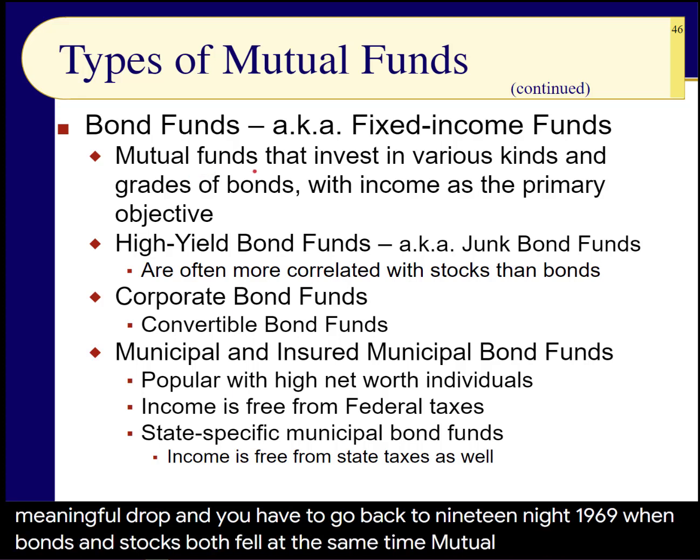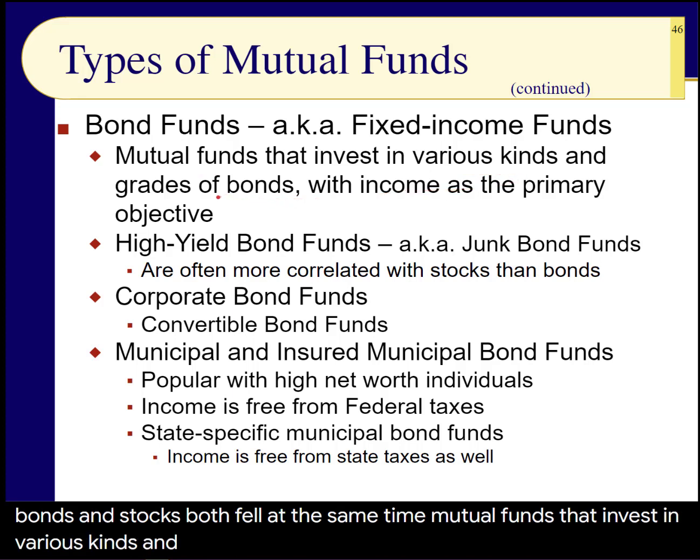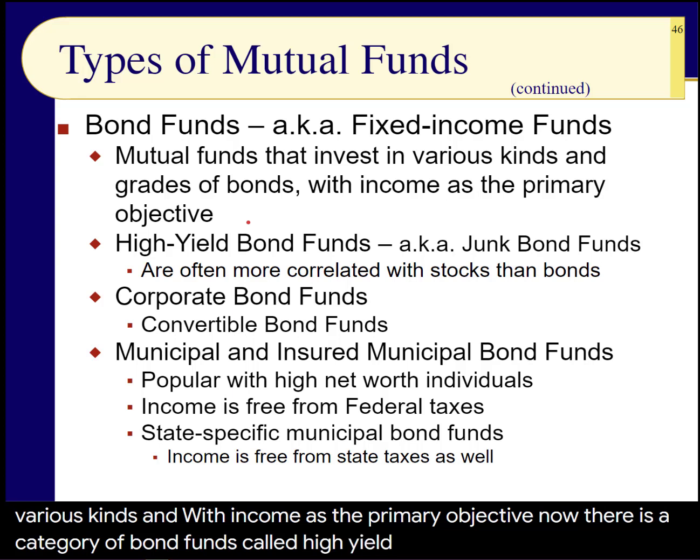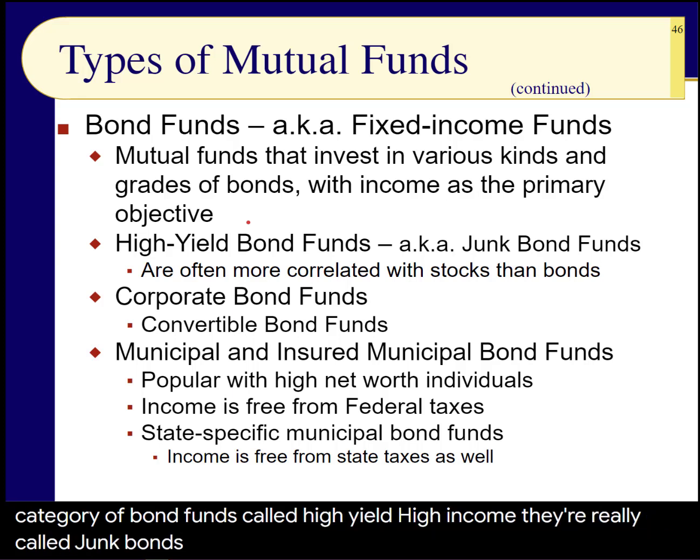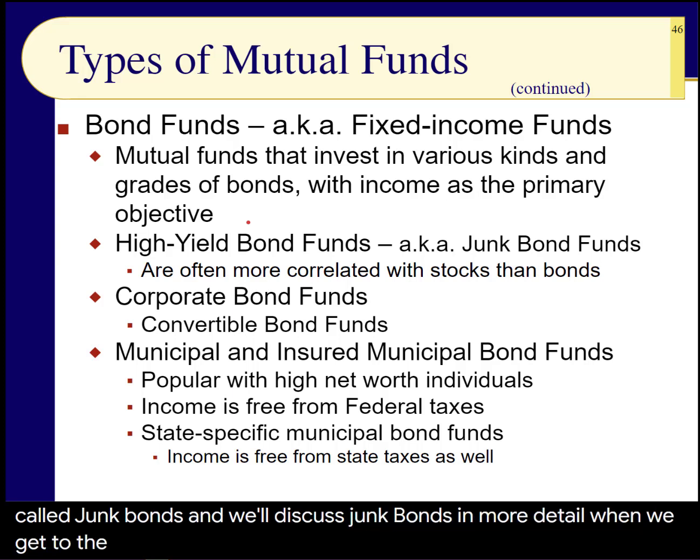Mutual funds that invest in various kinds and grades, meaning the quality of the bonds, with income as the primary objective. Now, there is a category of bond funds called high yield, high income. They're really called junk bonds, and we'll discuss junk bonds in more detail when we get to bonds. But these are companies that are in distress.